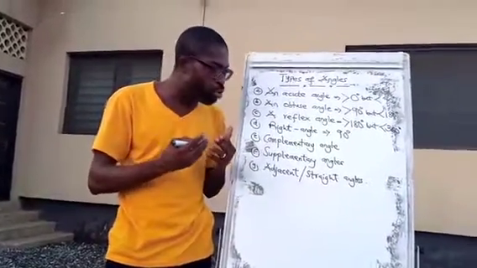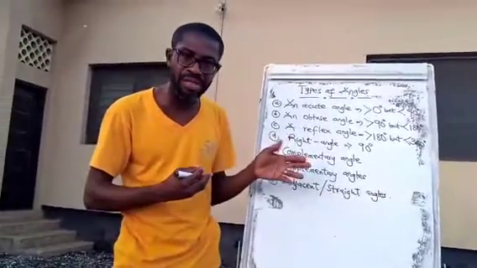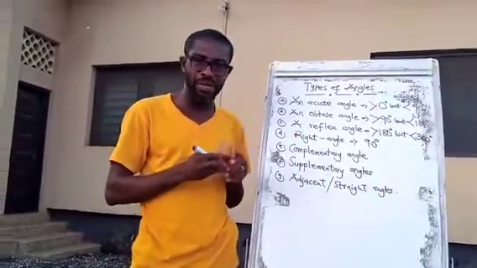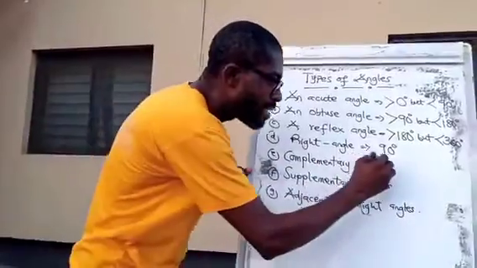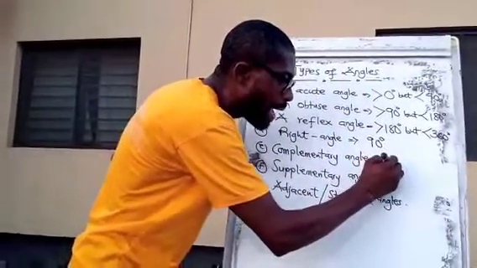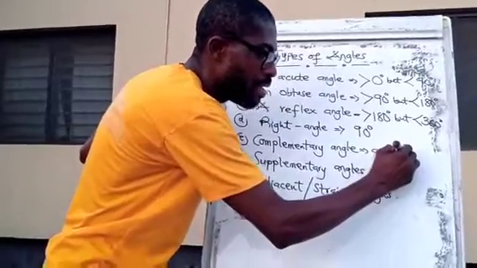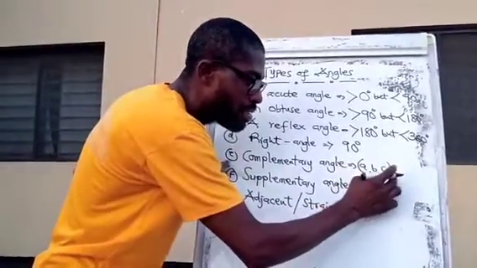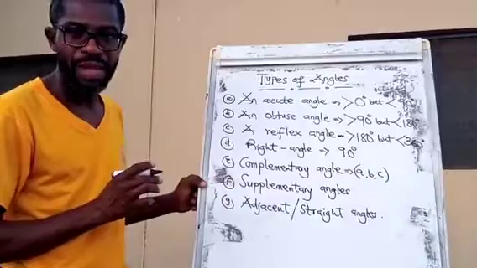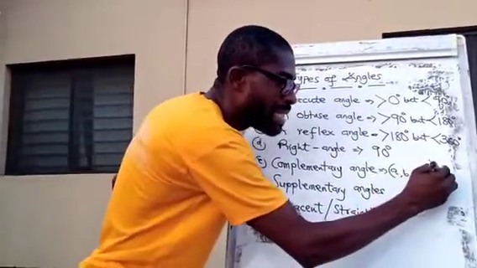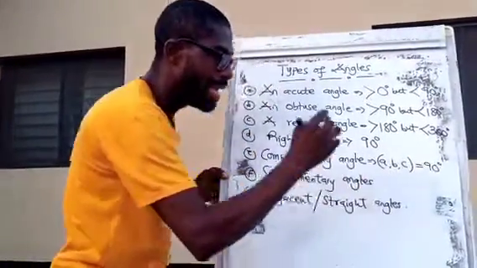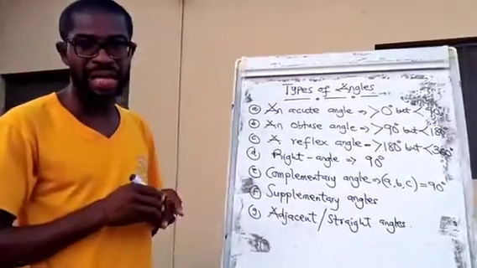It means there are two or more angles adding up to 90 degrees. So we'll have angle A, angle B, angle C. When you put all these three angles together, they should add up to 90 degrees. Then it is a complementary angle.